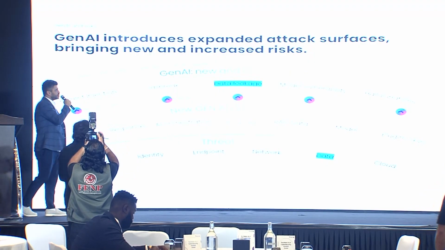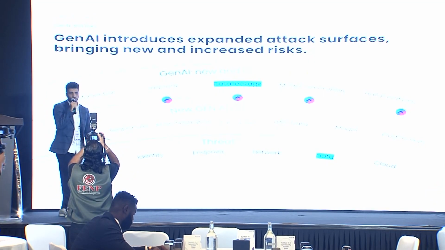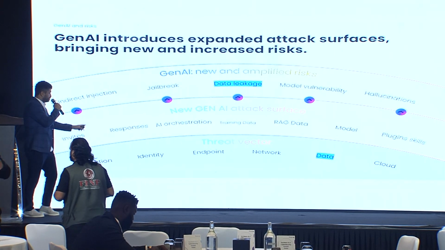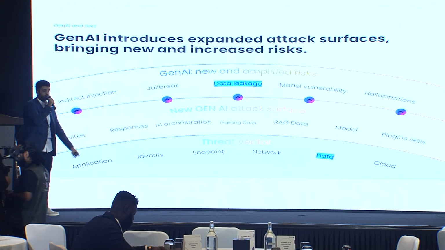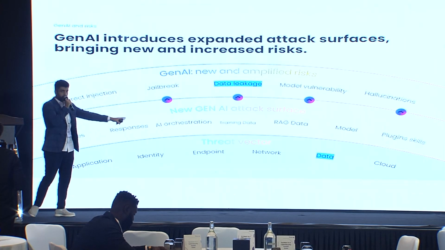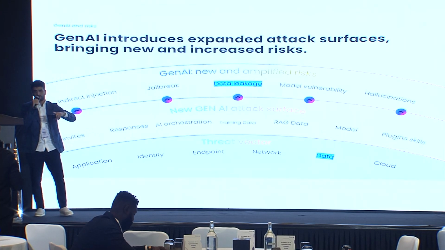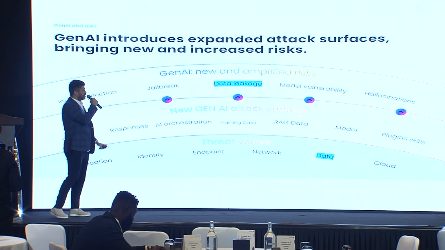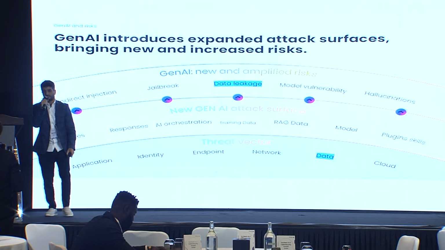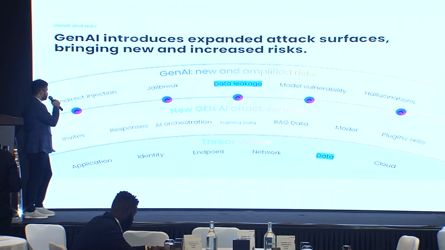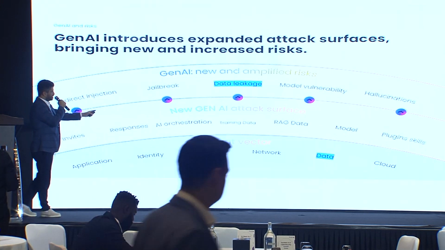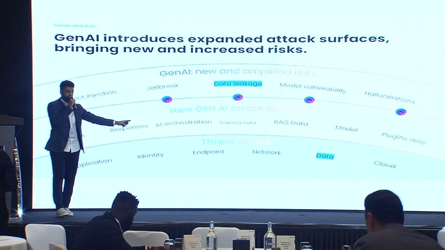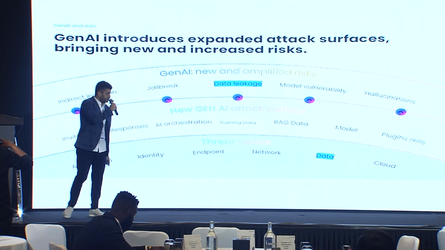So, regarding the attack surface, as you know, we have the threat vectors as regular: the application, identities, endpoints, network, data, because it's more relevant. Why? Because Gen AI uses data, as you know. And we have a new generation of Gen AI attack surface: response, invites, AI orchestration, training data, LLM isolation, and plugin skills.